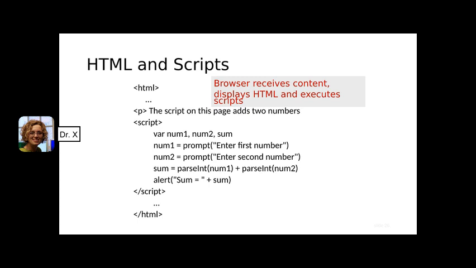I'm pretty sure that all of you have seen HTML, and maybe you have even seen scripts. So this is a script, a JavaScript script actually embedded in the HTML. So the browser receives that content and displays the content and also executes the script.